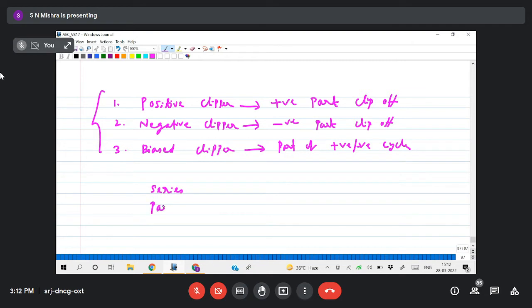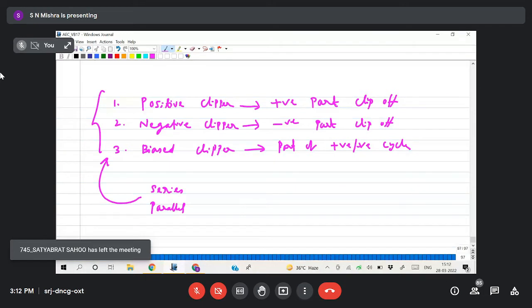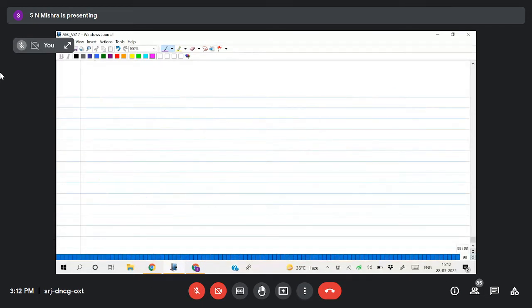So you can combine positive, negative, and bias with series and parallel clippers. That means series positive clipper, series negative clipper, parallel positive clipper, parallel negative clipper. Similarly, a bias clipper also you can design. So let us see one by one how to design the circuit.